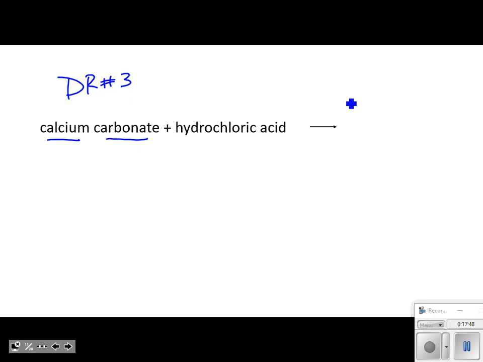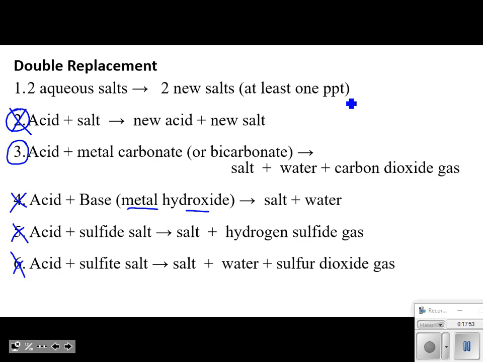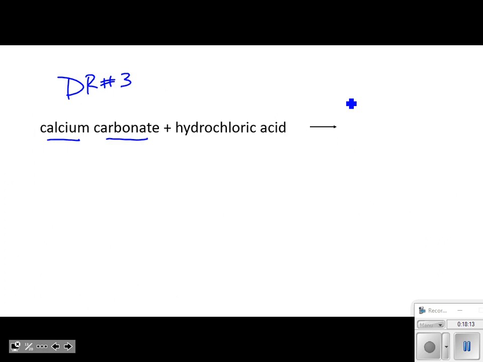And that tells me on the double replacement number 3 that I'm going to have formed a salt, water, and carbon dioxide gas. Now, do I need to look at my solubility chart? No, because remember, is hydrogen on there? No. So what I'm going to do is take calcium, a 2+.